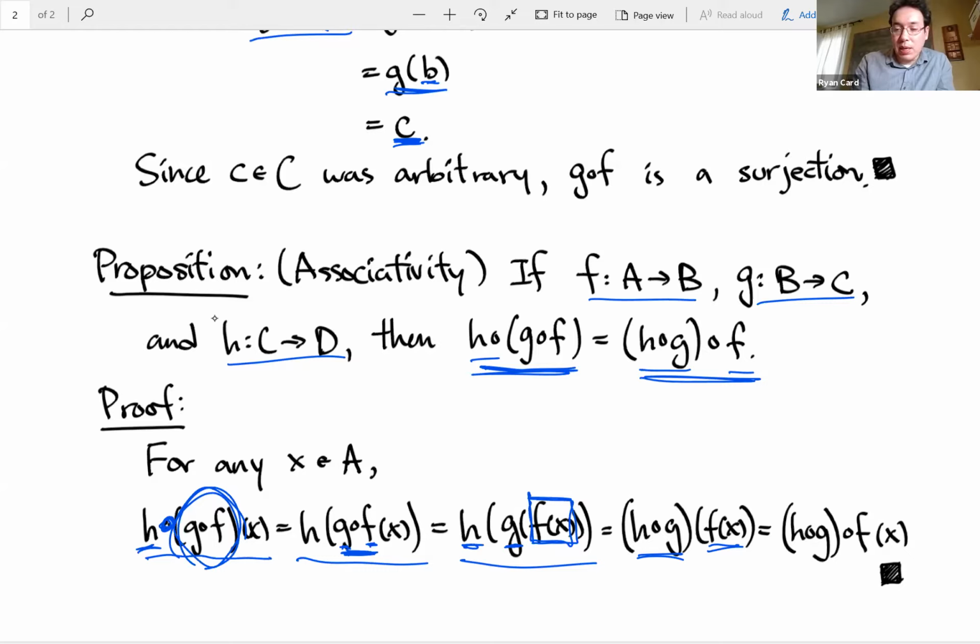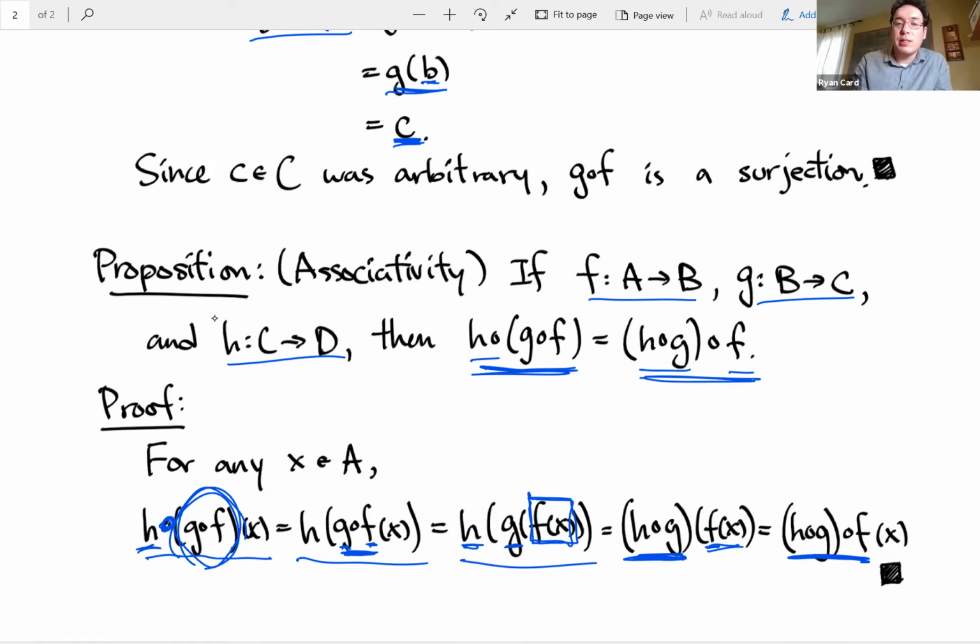But this is the same thing as applying f followed by h of g. So that's what that means. Just by unwinding the definition, with a chain of equalities, we showed that the two sets of compositions are equal to each other.